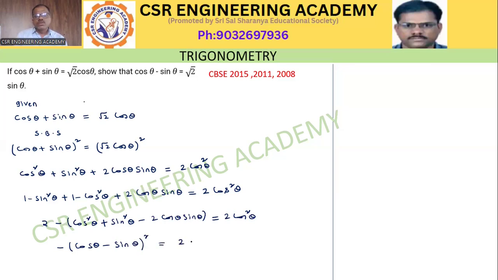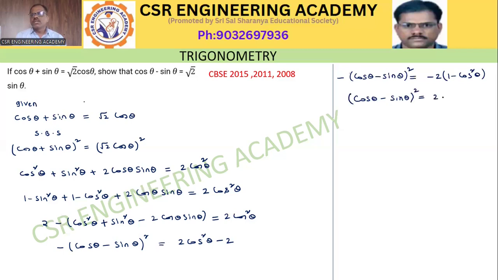to 2 cos²θ - 2. Minus of (cos θ - sin θ)² = -2 common, that is -2(1 - cos²θ). Minus cancels. (cos θ - sin θ)² = 2(1 - cos²θ) = 2 sin²θ.